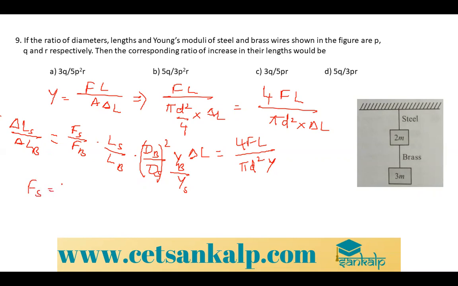According to the question, Fs is equal to 5 mg, Fb is equal to 3 mg. You are just going to simplify.